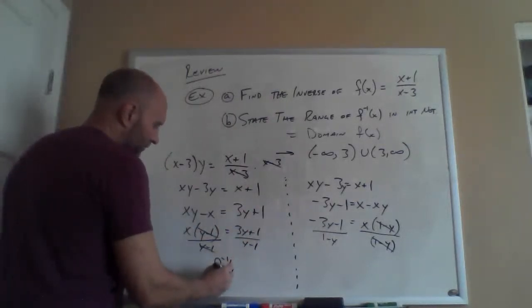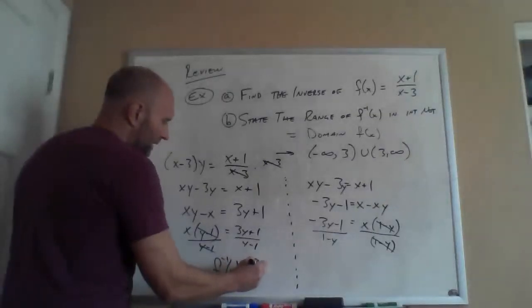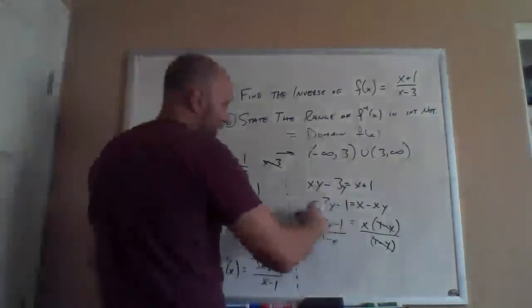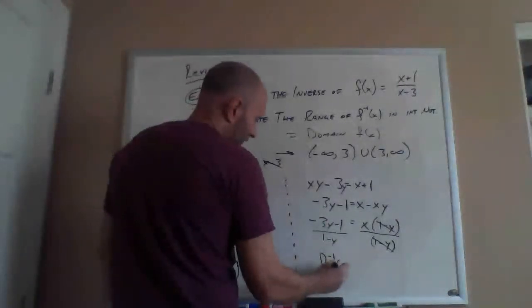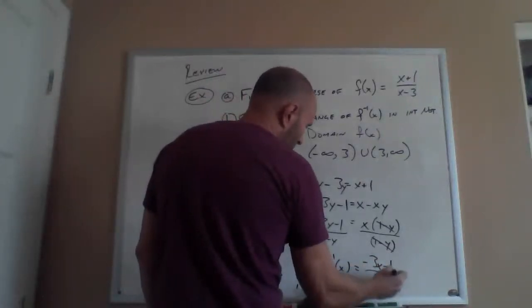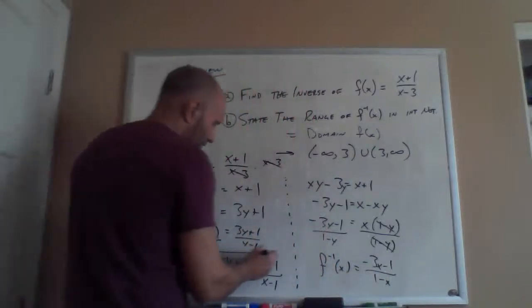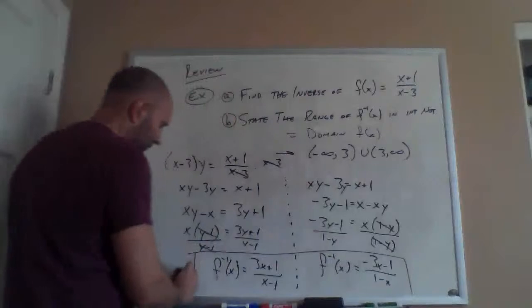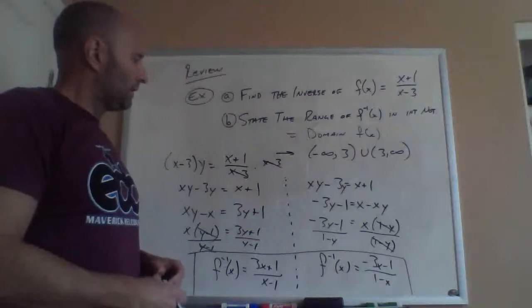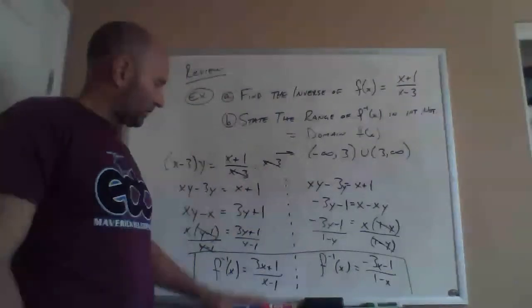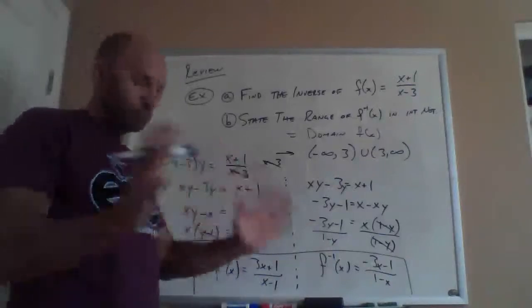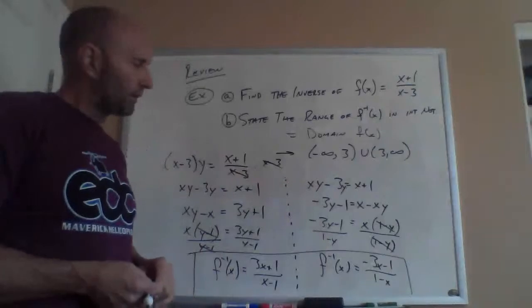In this case, f inverse is equal to 3x plus 1 over x minus 1. Over here, f inverse of x is equal to negative 3x minus 1 over 1 minus x. Either answer is acceptable. They are essentially the same answer, one is just the negative of the other. It depends which way you move the x. As long as you have either of these as your final answer, that would be correct.